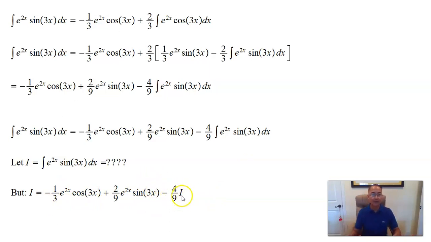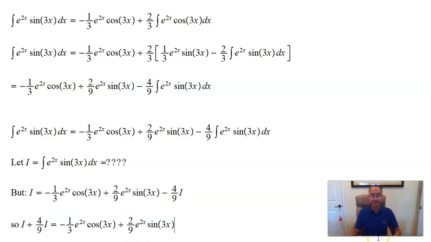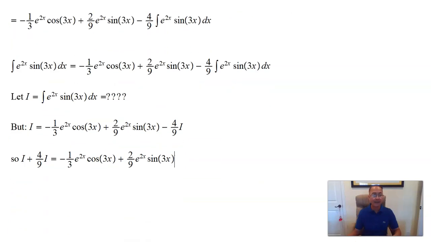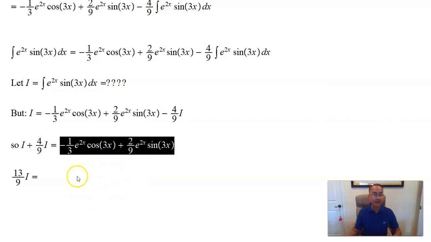Move the 4/9 I to the left side. So I plus 4/9 I must be these two terms over here. And what's that? Well, I plus 4/9, 9 plus 4, 13/9 I must be this thing on the right.